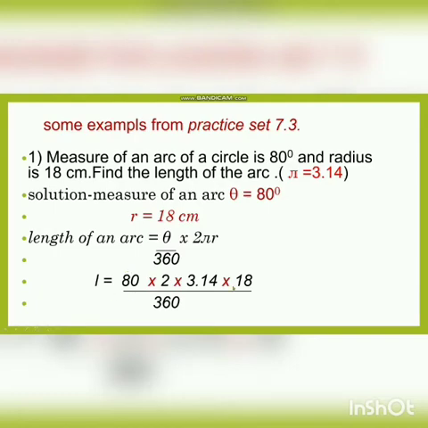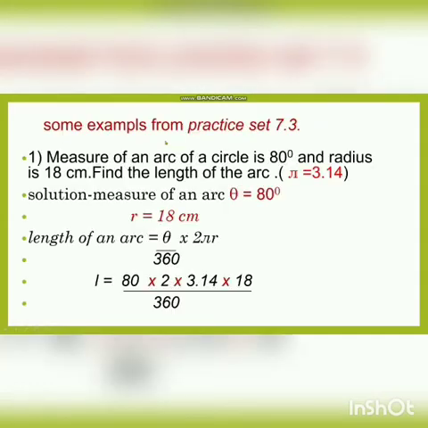So you get on the next step 3.14 into 8. See here, 18 ones are 18, 18 twos are 36, 0 gets cancelled, 2 remains here. Divide 8 by 2: 2 ones are 2, 2 fours are 8. So 8 into 3.14 remains.